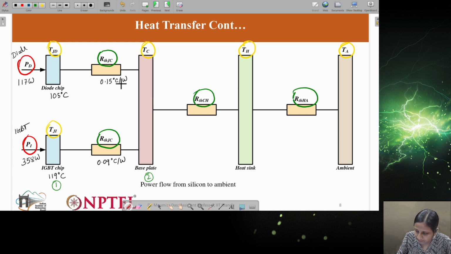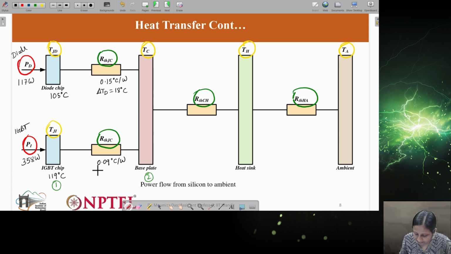Let's say I am writing this temperature drop here as delta TD. This will be 117 multiplied by 0.15, which gives a temperature drop of 18 degrees Celsius.